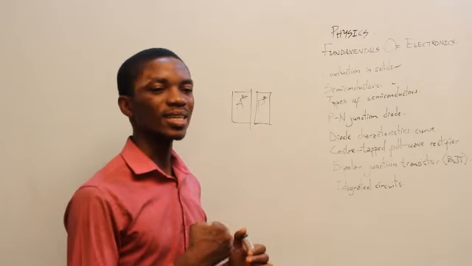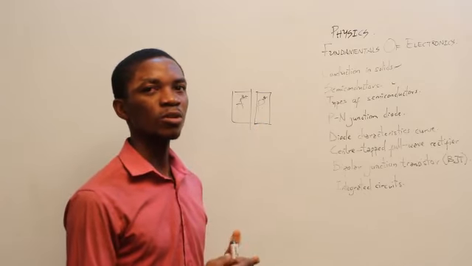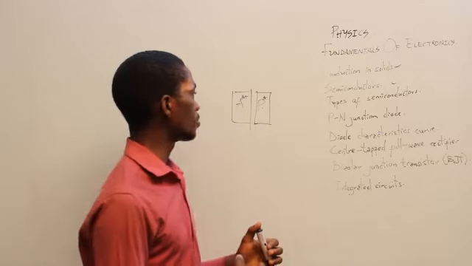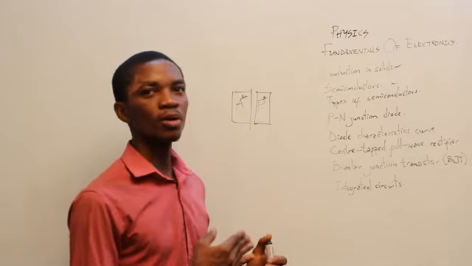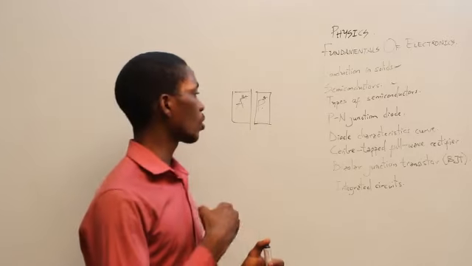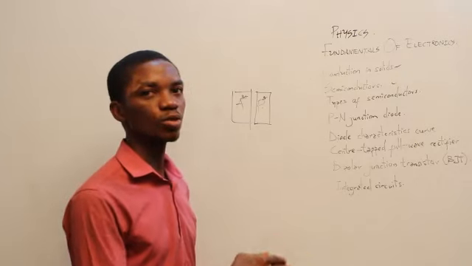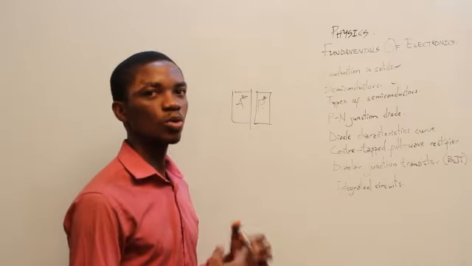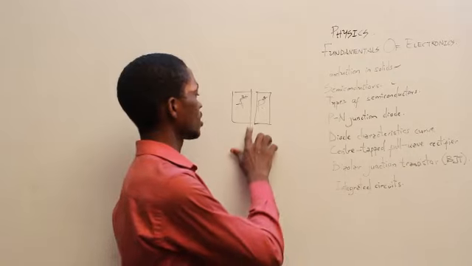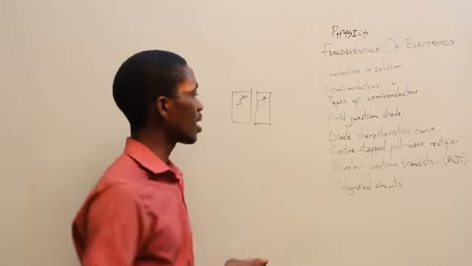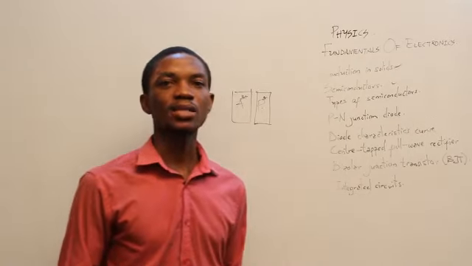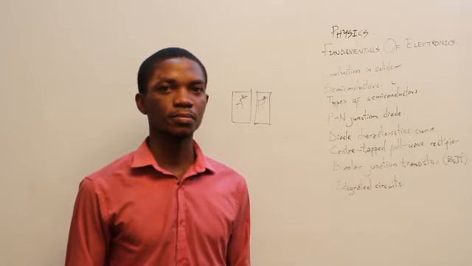There's a very limited amount of current that would be able to pass through, because the electrons are not so free. So the system will become balanced at a particular point in time.